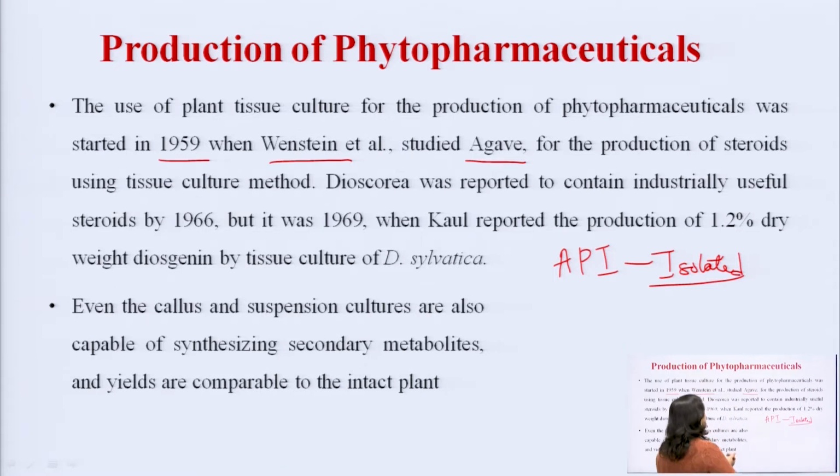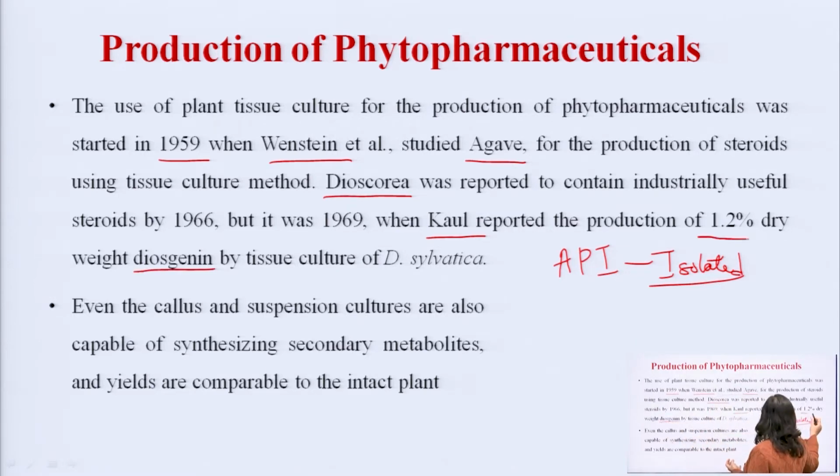Then further, Dioscorea was also studied. Dioscorea is a drug which contains diosgenin. Diosgenin is again a steroidal drug, and Dioscorea has been reported to contain industrially useful steroids by 1966, and it was Call who reported that we can increase the production of diosgenin by about 1.2% by doing the tissue culture of Dioscorea sylvatica.